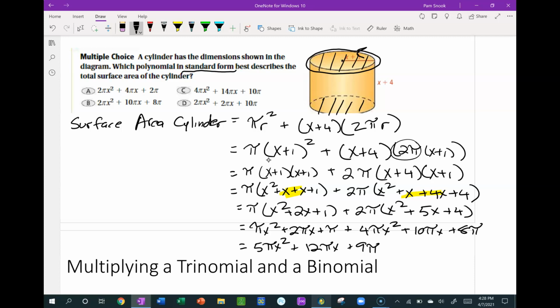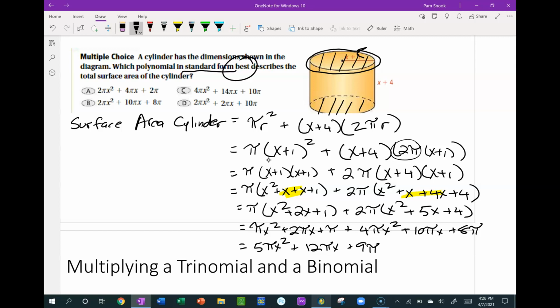Now I'm looking at my possible answers, and it says which one best describes. That word best is going to be important because I look at my answer and I don't see anything that matches the answers from what I wrote. So what's the closest one?